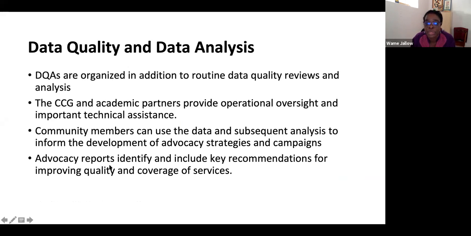A key and critical component of our data collection is data quality and analysis as well. We hear a lot of times that community data is wrong, it's invalid, it has a lot of errors. And this is where the data quality audits really matter and the data supervisors really matter.